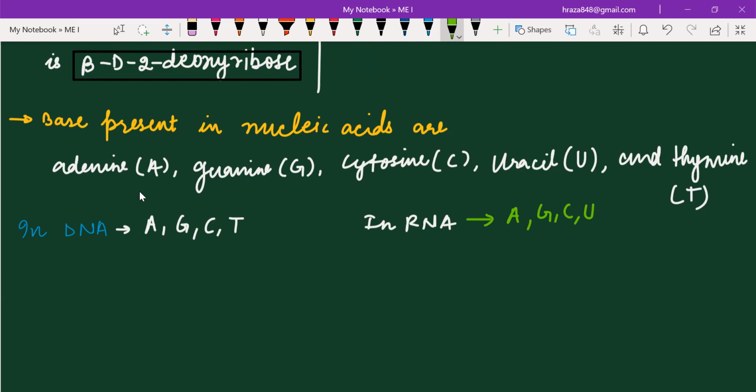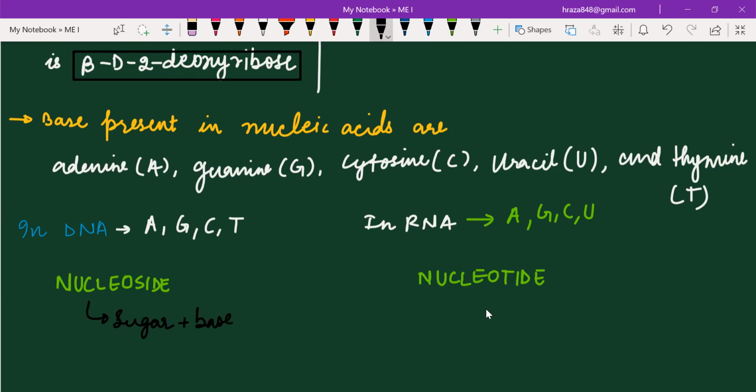Now look at this. Nucleoside: that means sugar plus base, both present.